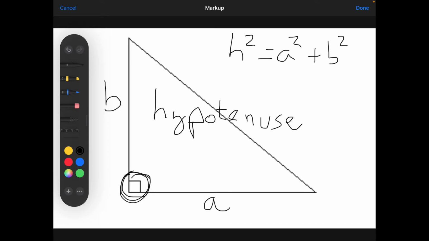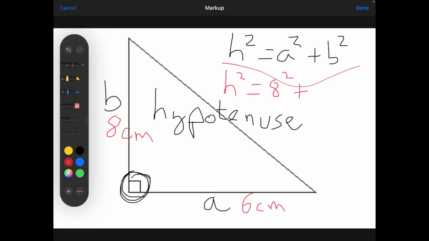Okay, so what this is telling me, Pythagoras theorem, is that if I knew the lengths of the sides, so let's say that b was 8 centimeters long and that a was 6 centimeters long, I can use the theorem to find the length of h. So I will just substitute my values. So h square equals 8 square plus 6 square.